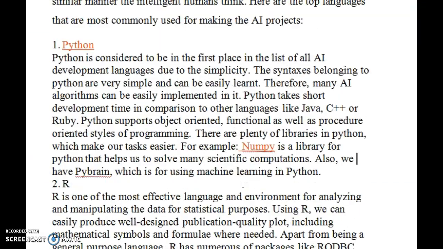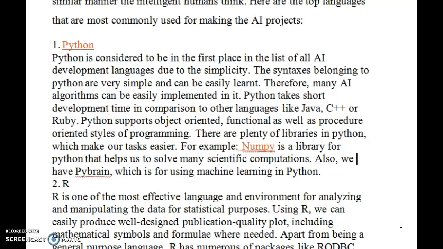Okay, let's discuss what Python is. Python is considered to be in the first place in the list of all AI development languages due to its simplicity. The syntax of Python is very simple and can be easily learned. Therefore, many AI algorithms can be easily implemented in it.